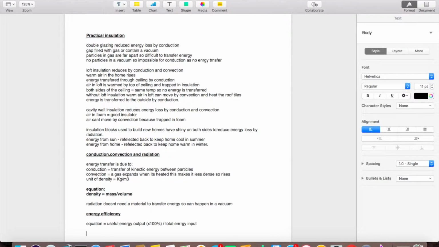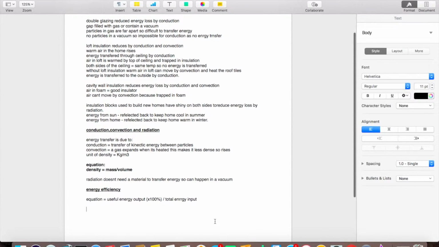Energy transformations can be shown in a Sankey diagram. Energy from the source, the home, is lost to the sink, the environment.